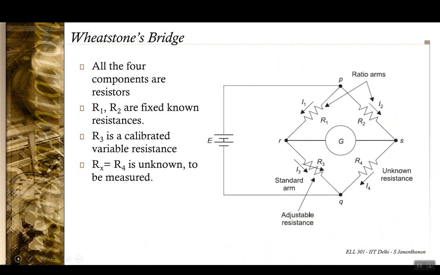Okay, now in a Wheatstone's bridge, all the 4 components, all the 4 impedances are plain resistors, and you have R1 and R2 being fixed. R3 is a standard arm, which has a variable resistance, and the unknown resistance R4 is to be measured.